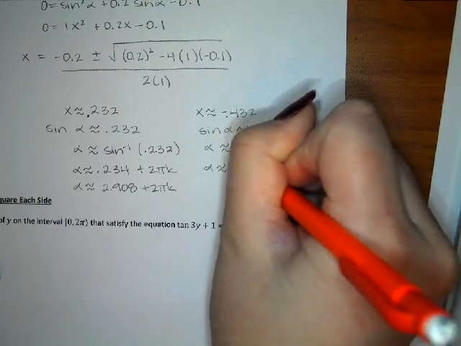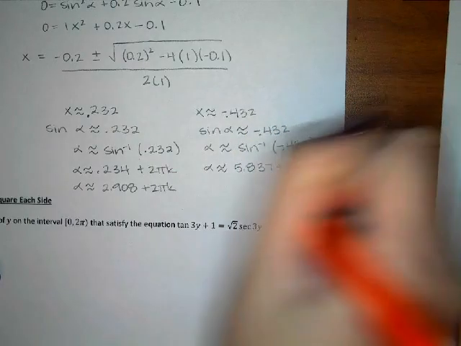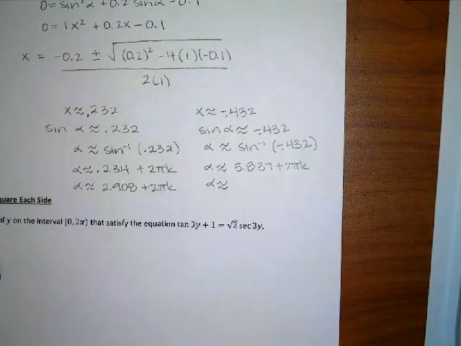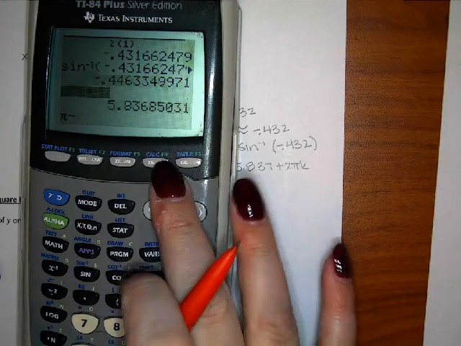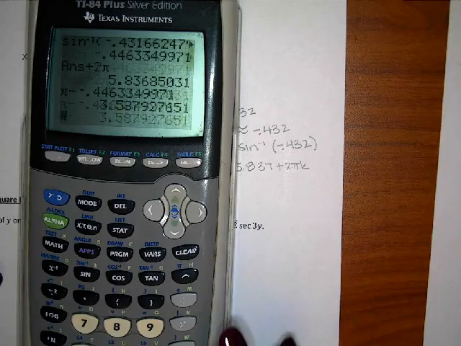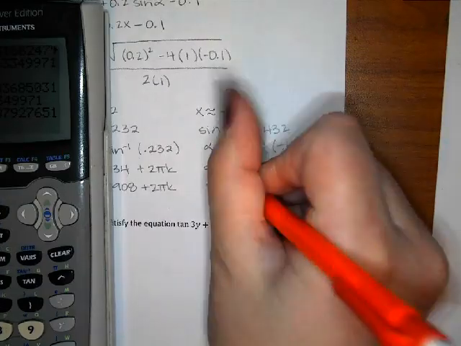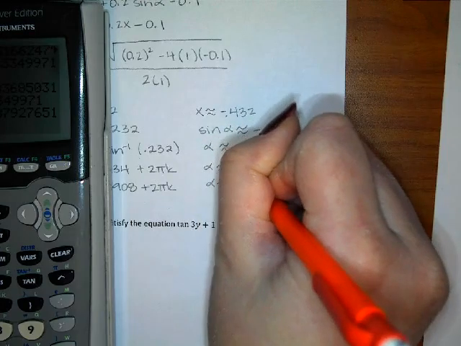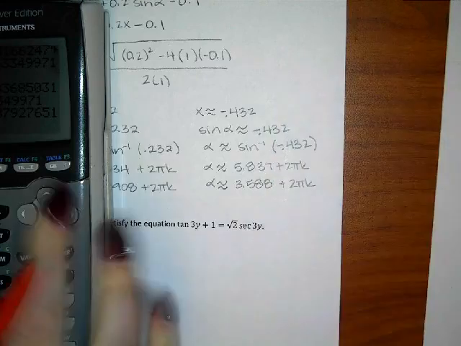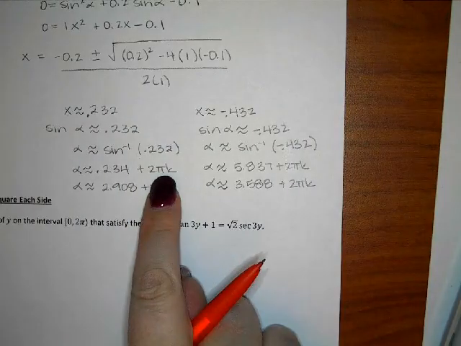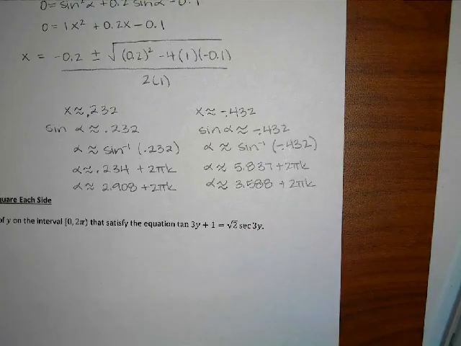Second answer is pi minus s. Pi minus s, 3.588. Now, we only leave the plus 2 pi k's if the instructions say to write the answer on the interval from negative infinity to positive infinity.